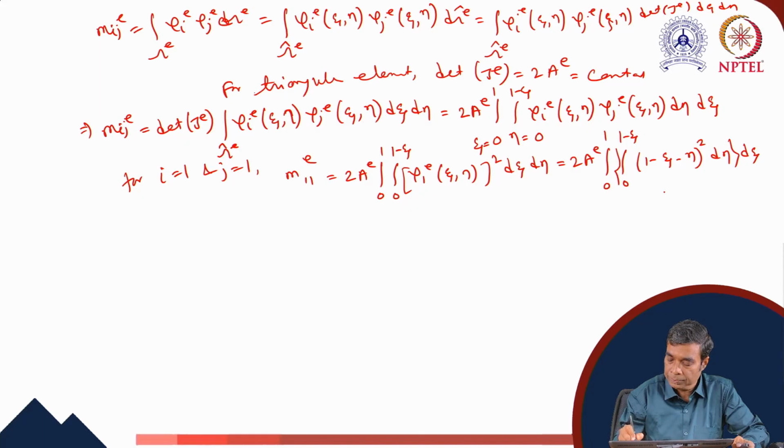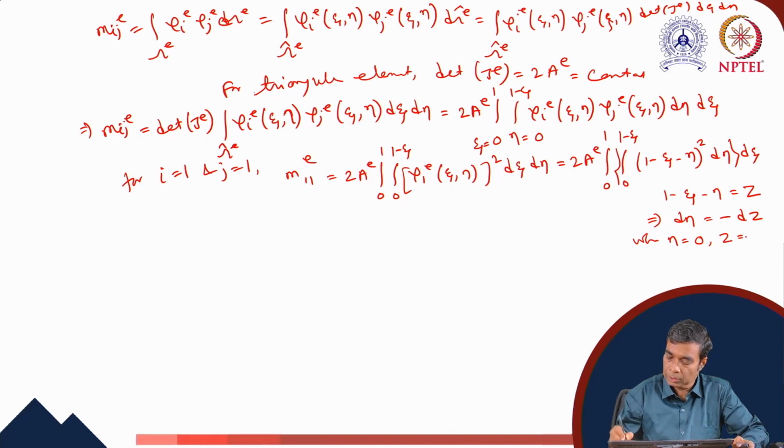Let us consider 1 minus xi minus eta equals z. This gives us d eta equals minus dz. When eta equals 0, then z equals 1 minus xi. When eta equals 1 minus xi, then z equals 0.